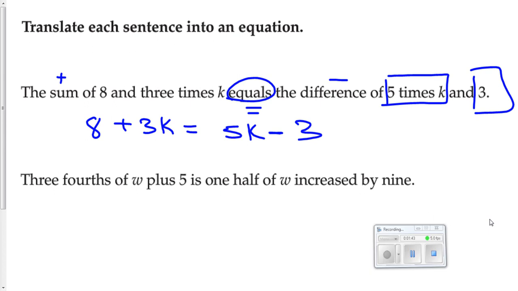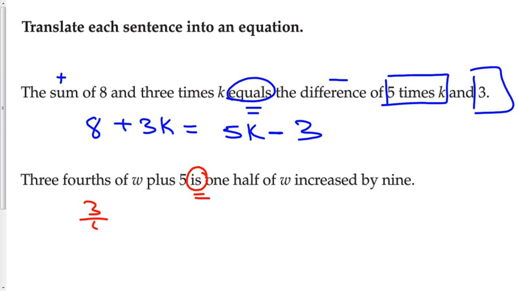In the second example, we have 3/4 of w plus 5 is 1/2 of w increased by 9. So again, we look for the is. The is statement tells us what one thing is compared to the other, which is basically saying they're equal to each other. So 3/4 of w.